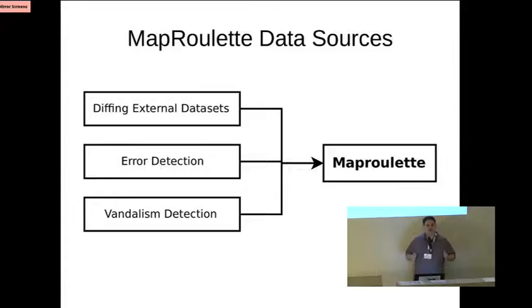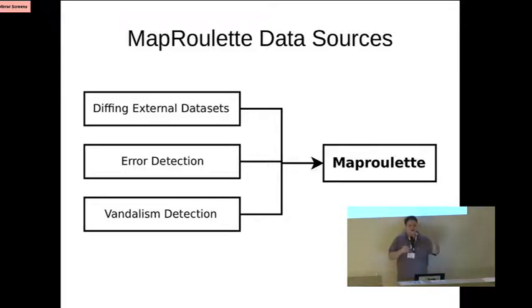So how does data come into MapRoulette? The previous speaker, Frederic, talked a little bit about how Osmo could do this in the future. We've been working with other data providers. So basically, you could diff or do some conflation with another data set and come up with potential tasks. The big thing that we've been doing is error and anomaly detection.